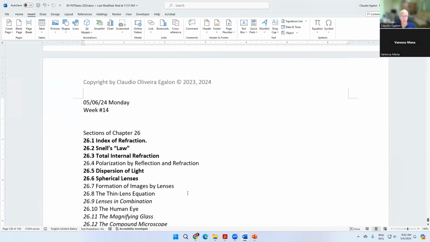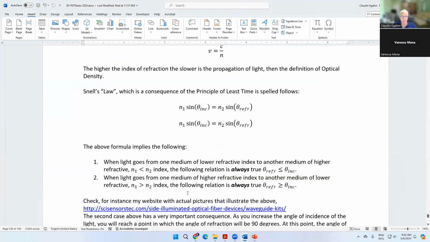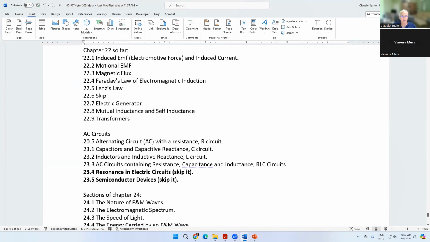Here are the notes. Here we have all the chapters we have so far for the third exam. Chapter 22, chapter 23, and we also went back to chapter 20 because I want to cover AC circuits in a single stroke, right? So for some reason the book put this alternating circuit in chapter 20.